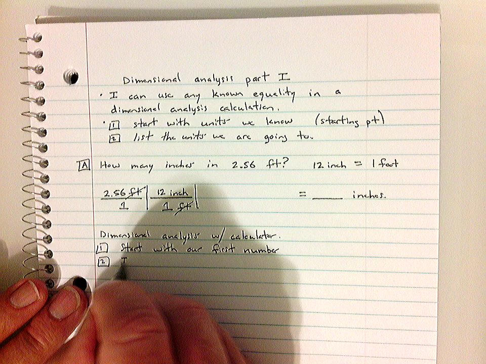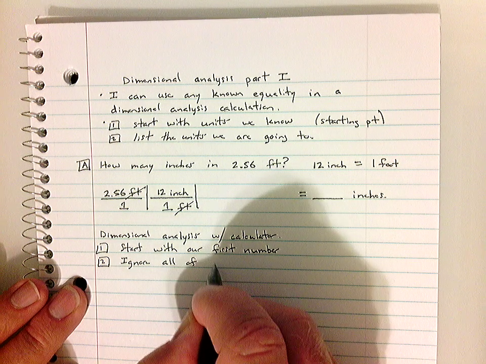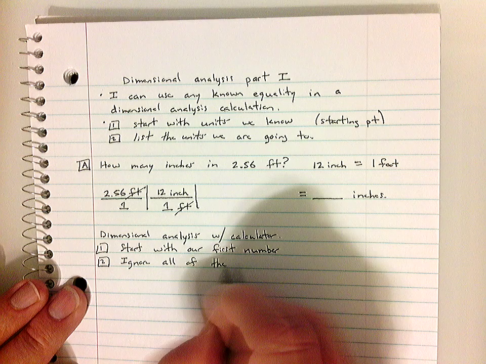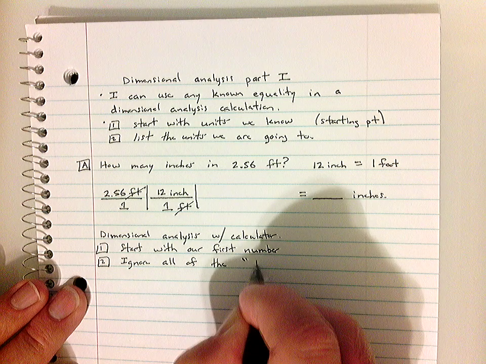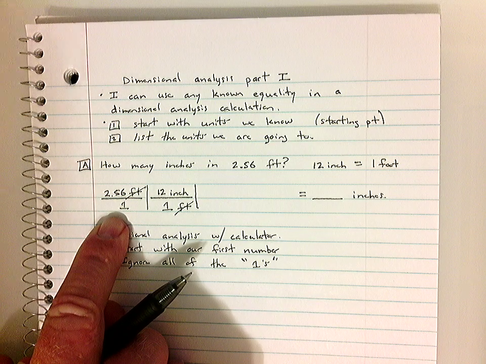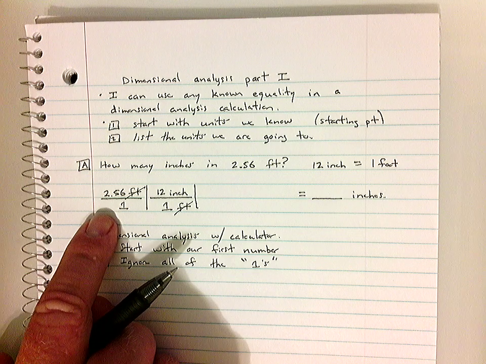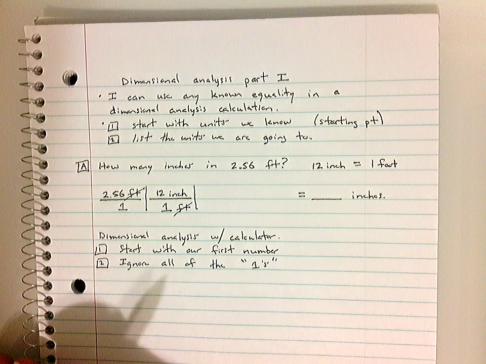We are going to ignore all of the ones, meaning this number down here, which we said earlier was just a placeholder. This is like 2.56 divided by 1. Well, we still get 2.56. We're good.